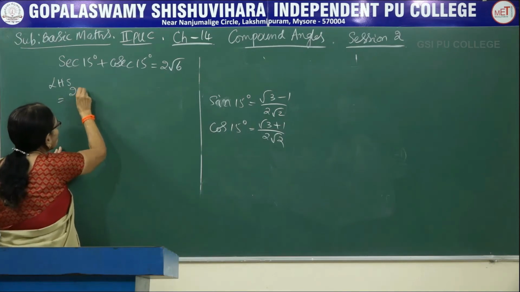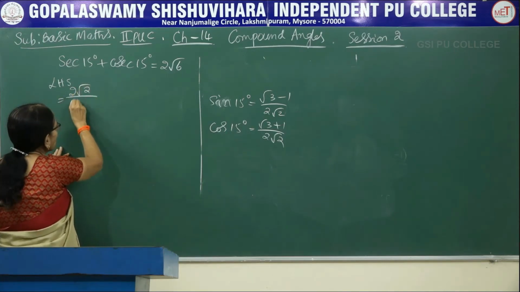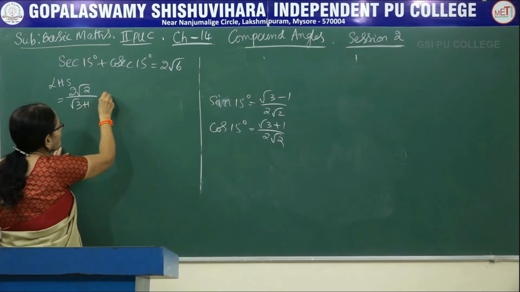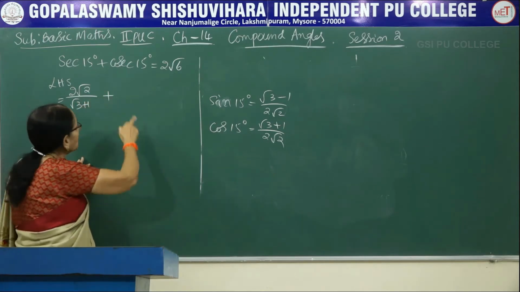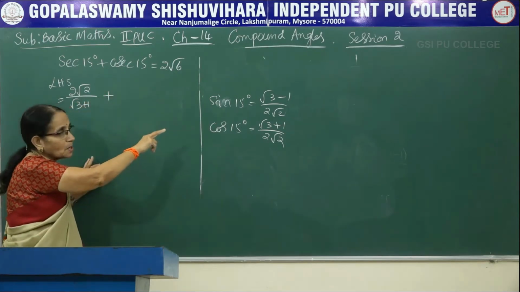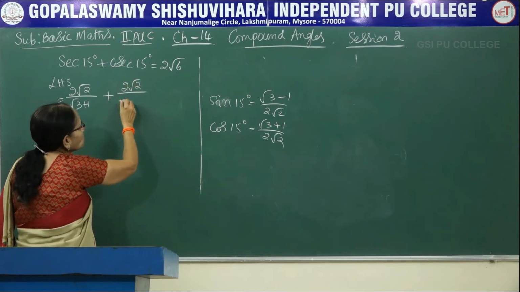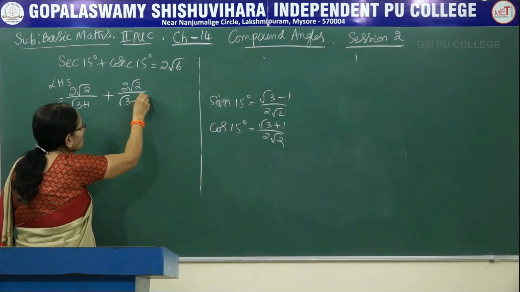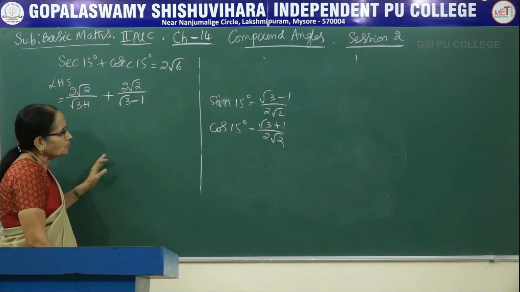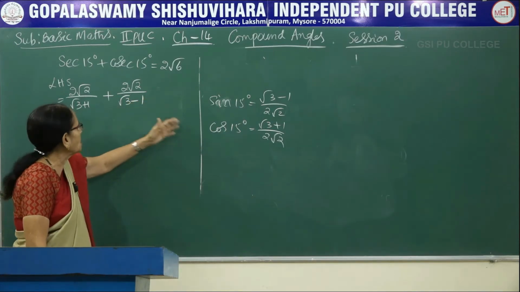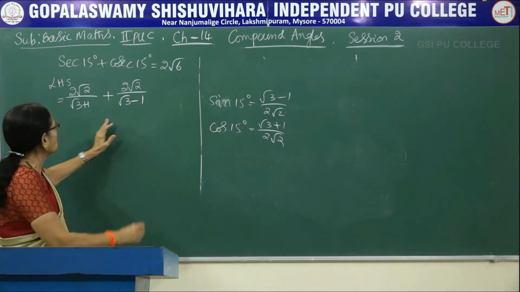That means 2 into root of 2 divided by (root 3 plus 1), plus, in between, cosecant is the reciprocal of sin theta. Therefore, take the reciprocal: 2 root 2 divided by (root 3 minus 1). If you want, you can quote it in the working column and then take the respective values here.